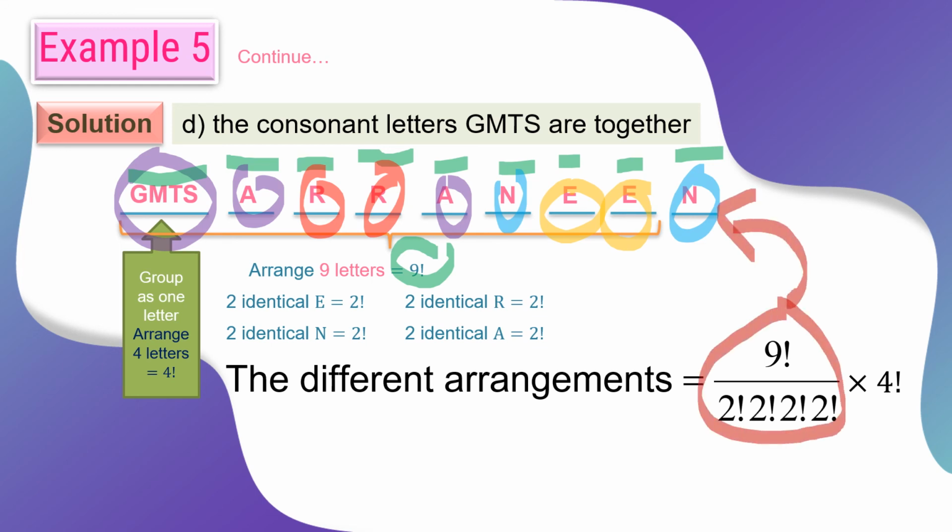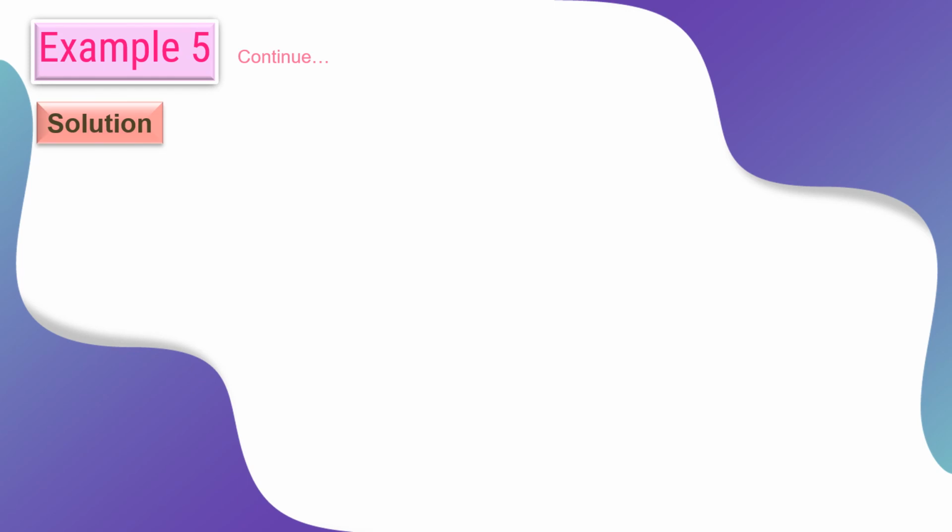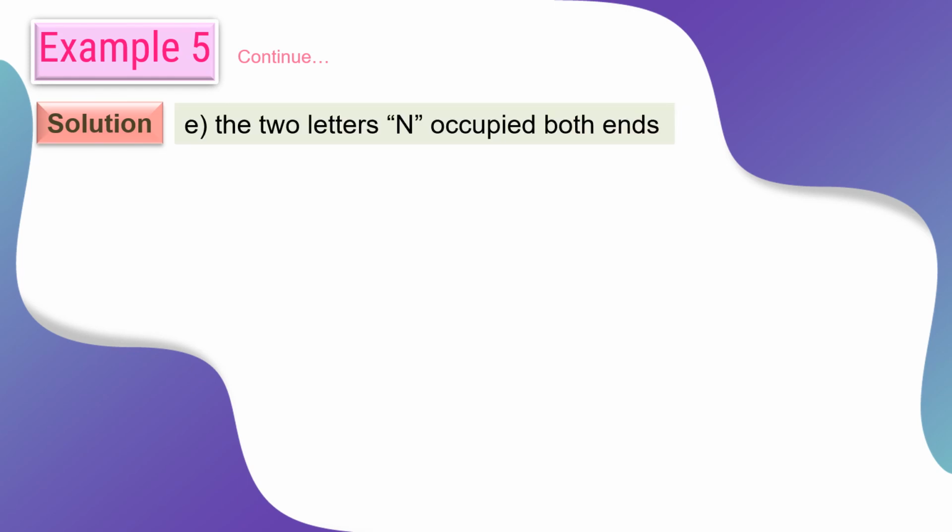Okay, 9 factorial divided by 2 factorial for e, 2 factorial for n, 2 factorial for r, 2 factorial for a, and multiply by 4 factorial. This is the calculation for GMTS. Lastly, when you try to calculate, we got the answer 544320.